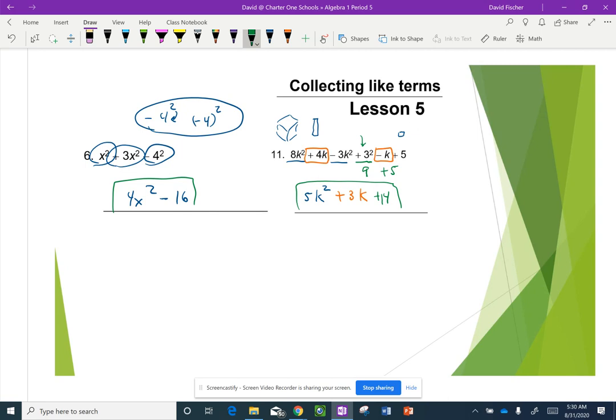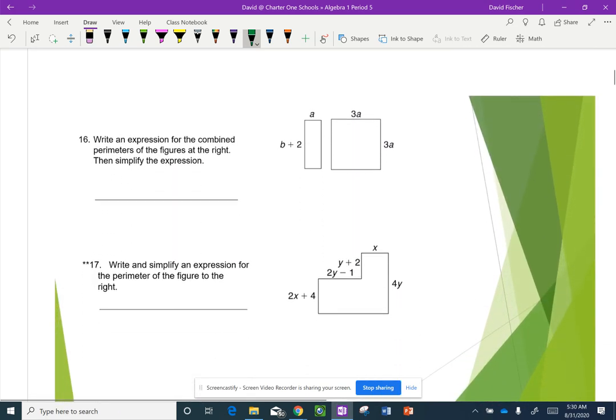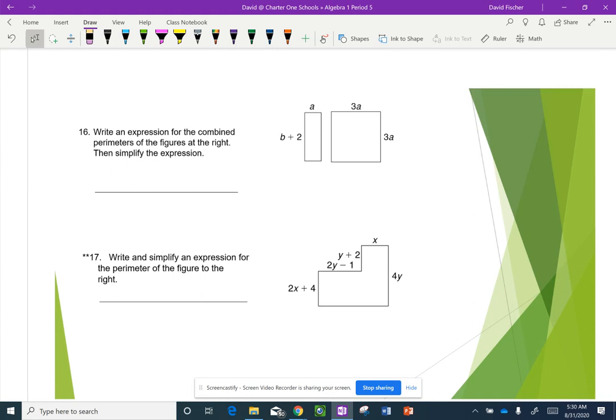All right, so make sure as we're going through these lessons that you're carrying it on to the next one. Problem number 16 and 17, a number of you missed, and I kind of misled you a little bit in the study guide, but perimeter means the distance all the way around these shapes. And so you have to use some previous information, because we're missing this side here.